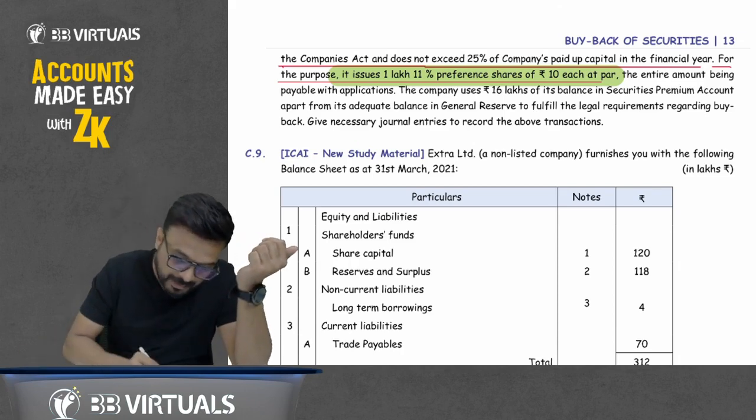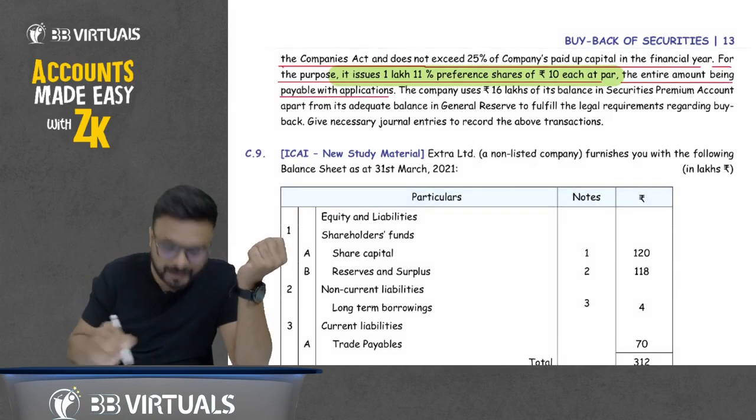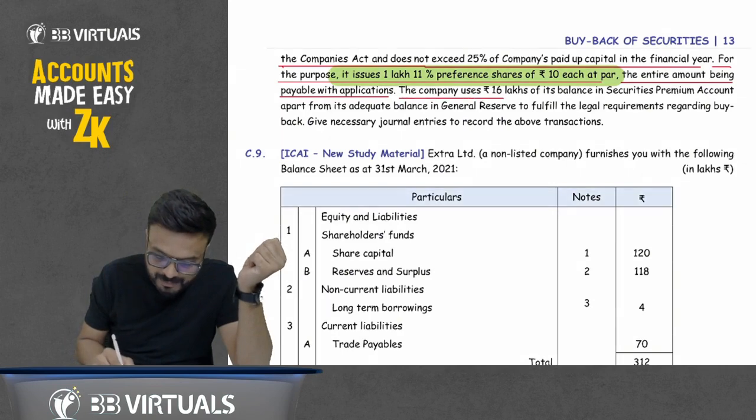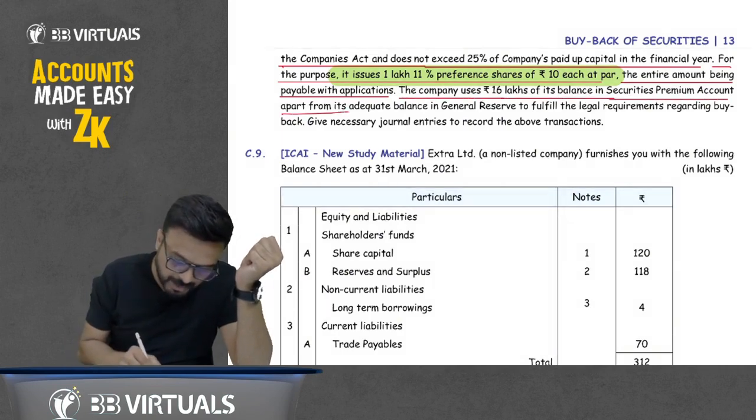Okay. Now, the entire amount being payable with application, the company uses rupees 16 lakh of its balance in securities premium account, apart from its adequate balance in general reserve, to fulfill the legal requirement regarding buyback. What happened here?